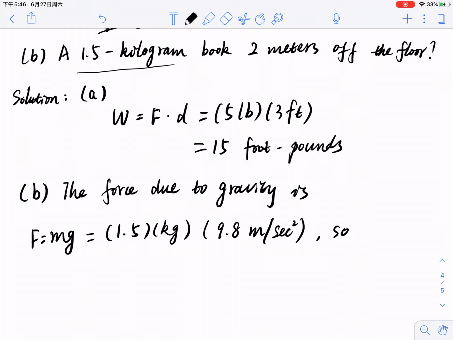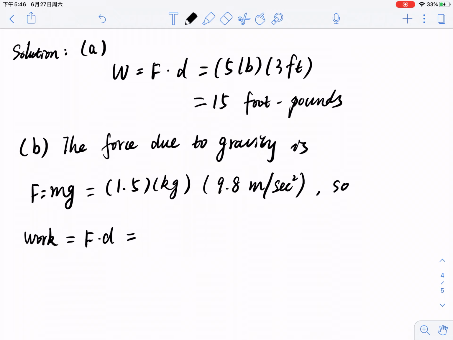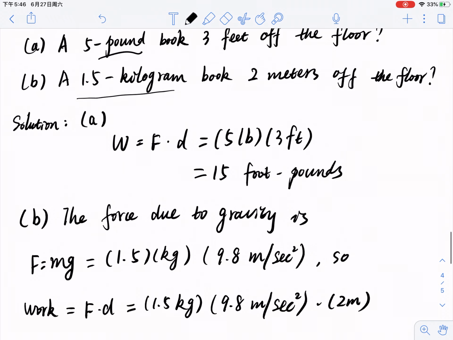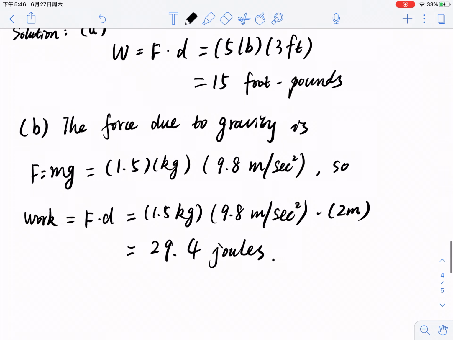So work is Fd. This is 1.5 kilograms times 9.8 meters per second squared times 2 meters. Distance is 2 meters. So this is 29.4 joules. Then we finished this example.